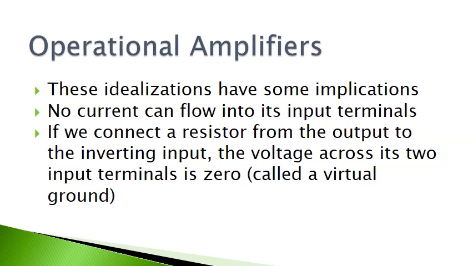We call this feedback. I don't have time to explain the virtual ground in a lot more detail, but we can use that as a very common assumption that the voltage in operation between the positive and the negative terminals is zero.